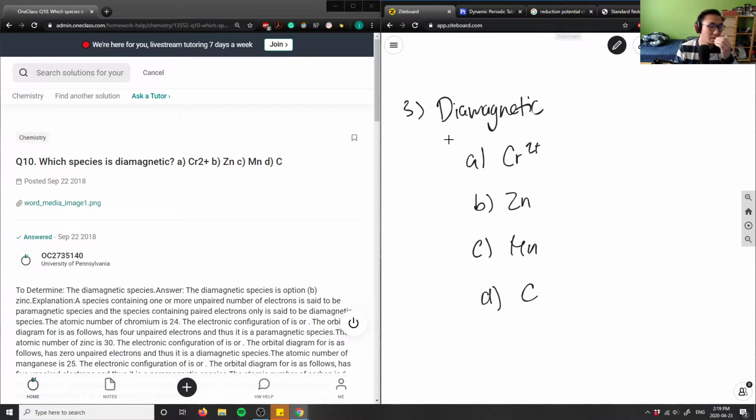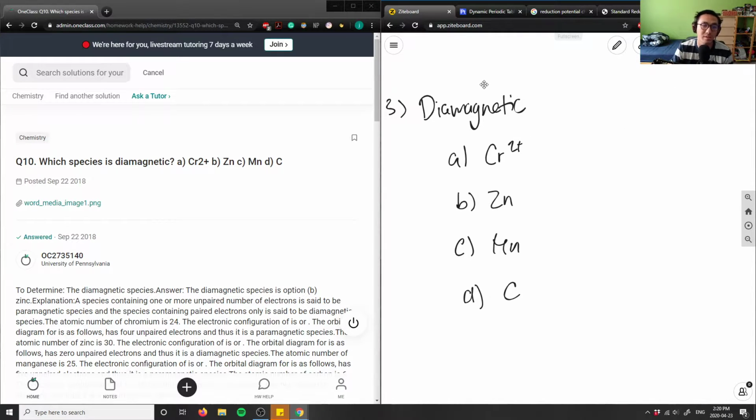When we're talking about this concept of being diamagnetic, we have to talk about electron configuration, right? It comes back to where the electrons are and how we know if it's diamagnetic or not. So let's draw out our electron configuration for all of these to see whether or not they contain this diamagnetic property.